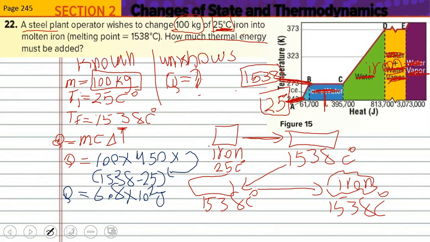Not only that step: here it starts to melt, but here it needs to be molten. So it will convert to molten iron like they want. So here we're going to use heat of fusion.